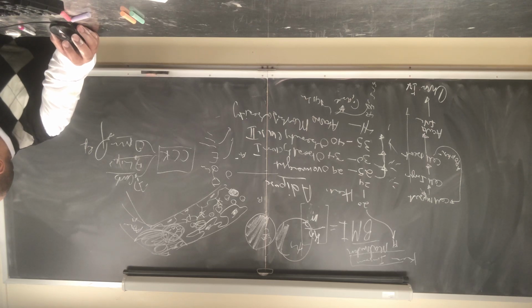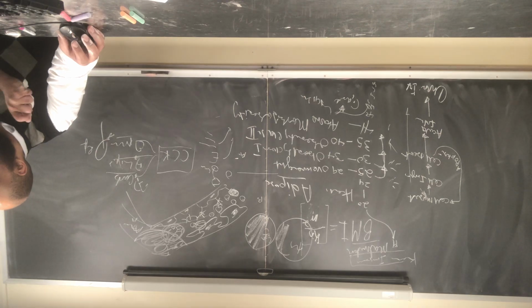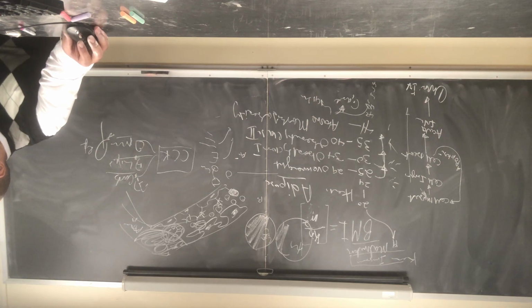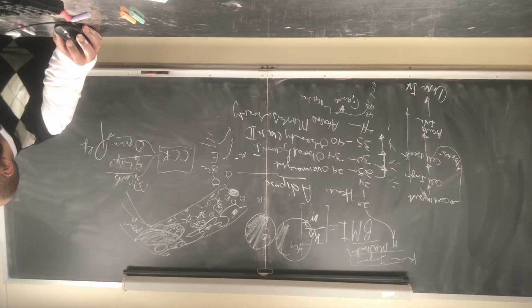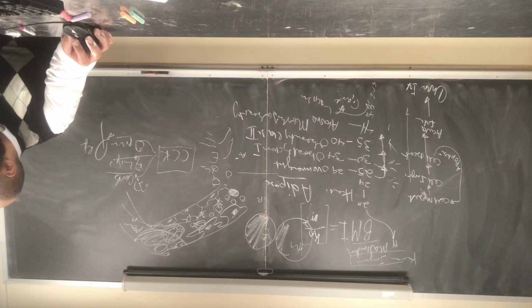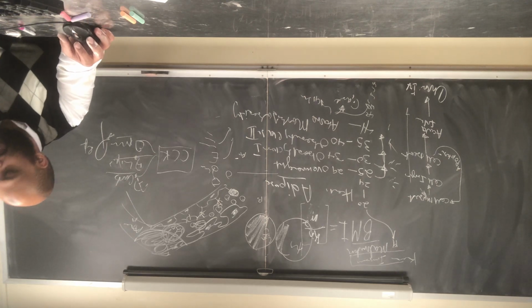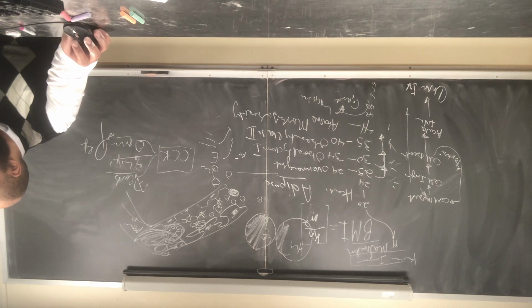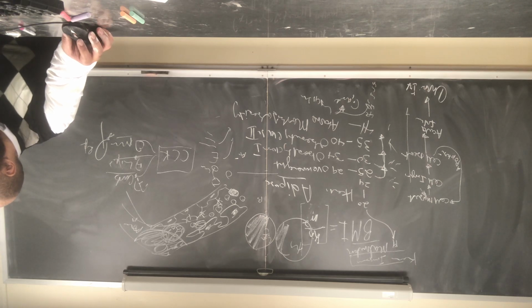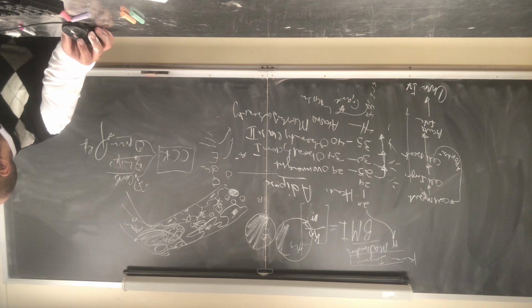Ghrelin stimulates neuropeptide gamma secretion, while insulin, peptide gamma, and leptin inhibit it. So insulin, peptide gamma, and leptin inhibit appetite, while ghrelin and neuropeptide gamma stimulate appetite.